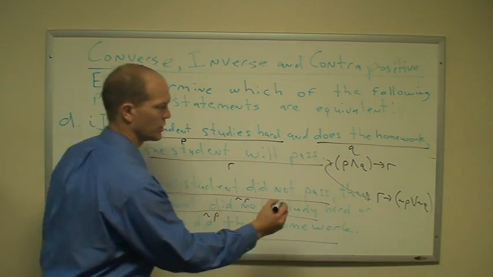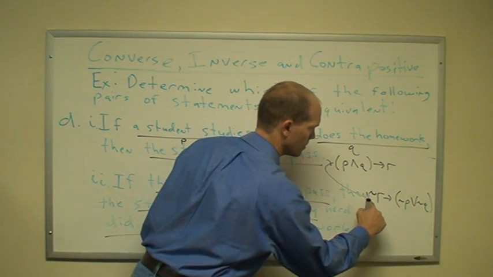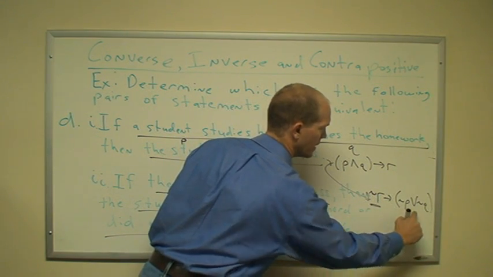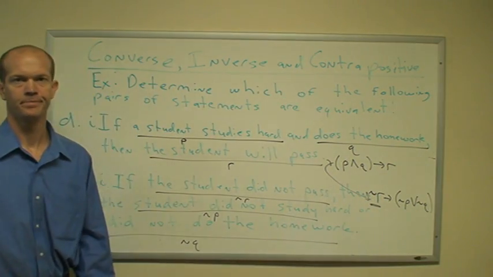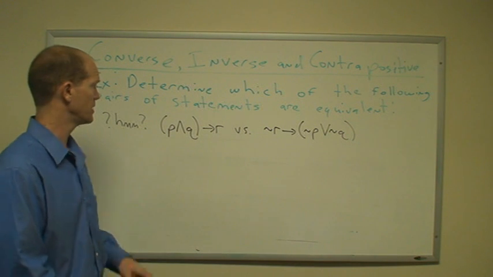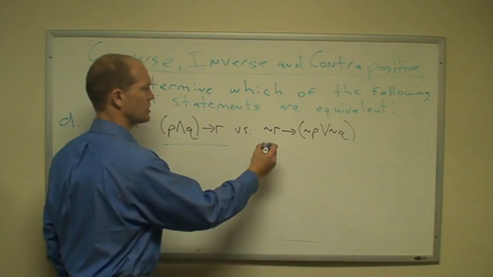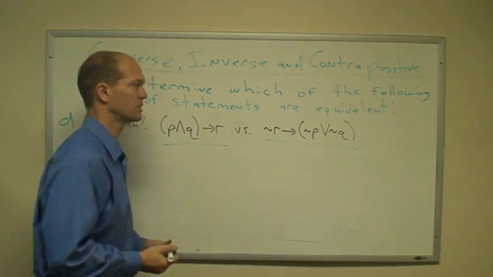Let's try that one more time. There should be the negation of R here: if the negation of R, then not P or not Q. Continuing with this, we see that what we really want to compare are these two relationships.